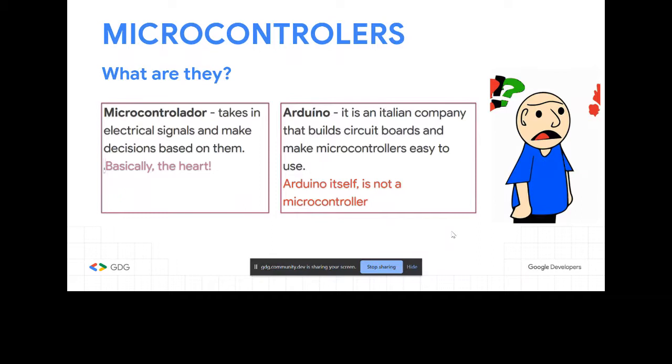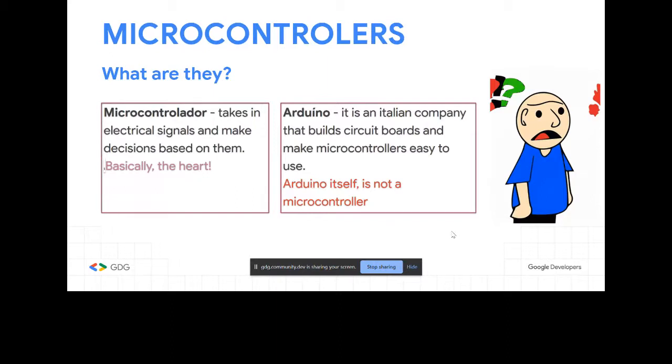So it's not a microcontroller, but it makes microcontrollers easy to use because, as I said, in the past, microcontrollers were made only for specific people, and only they would be able to apply them.